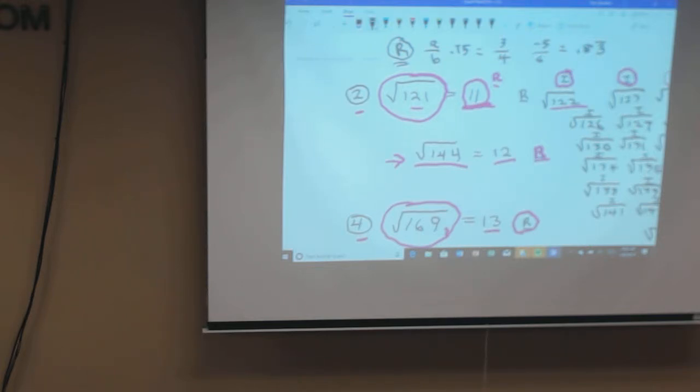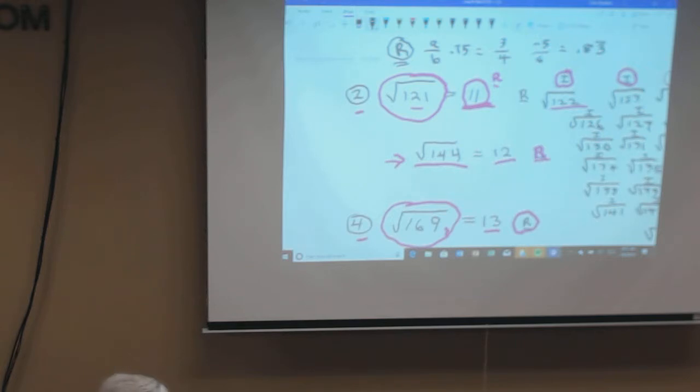Except on this page, problem 2 says, the square root of 121. Do you have a square root button on your little calculator? So you put in 121. Oh, there it is, up here at the top. I thought this calculator doesn't have a square root button.